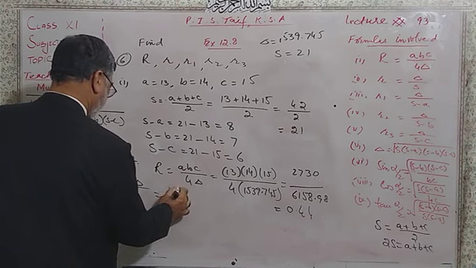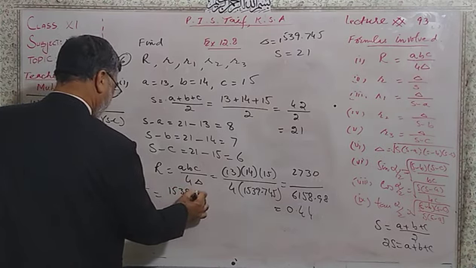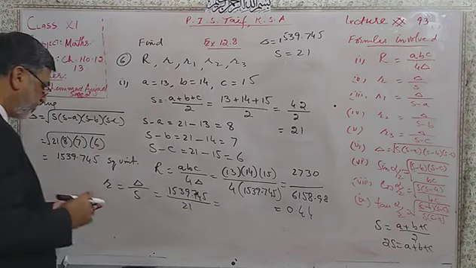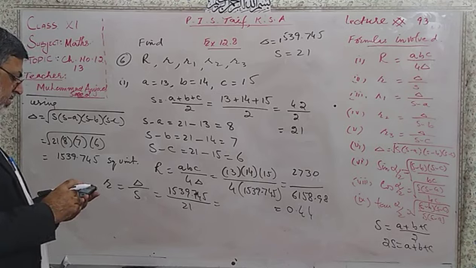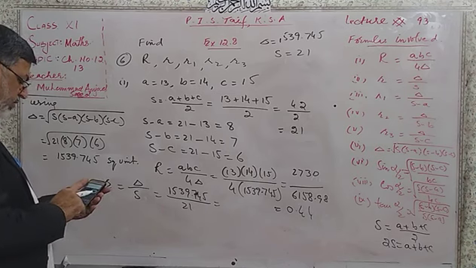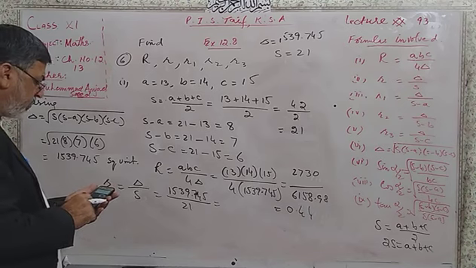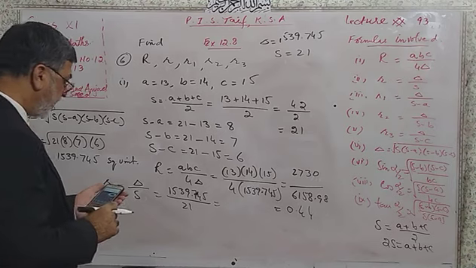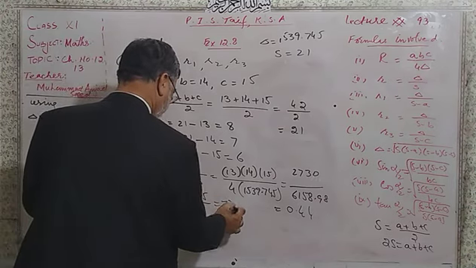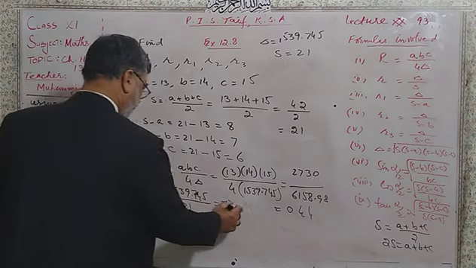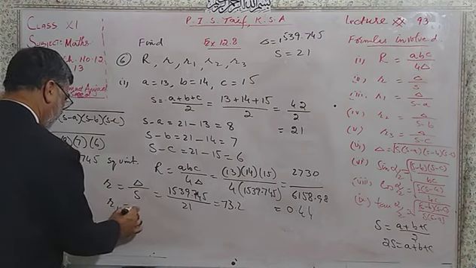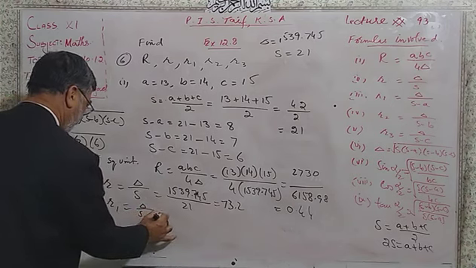Delta is 1539.745 divided by 21, that is 73.2. So R1 is equal to delta over S minus A.